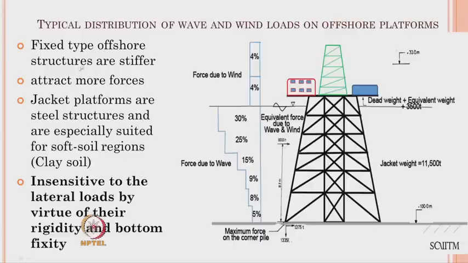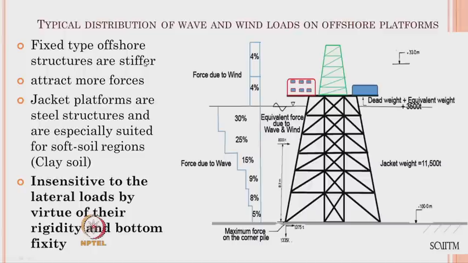The fixed type offshore structures become stiffer because of a simple reason: the whole template structure is anchored firmly to the seabed. When they are anchored firmly to the seabed through pile foundations, then the movement of this particular structural system under the lateral forces is highly restricted. Therefore, we say any structure which does not move as far as possible is considered to be stiffer.